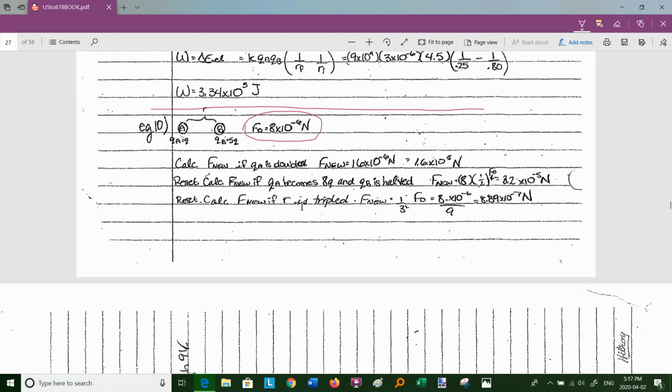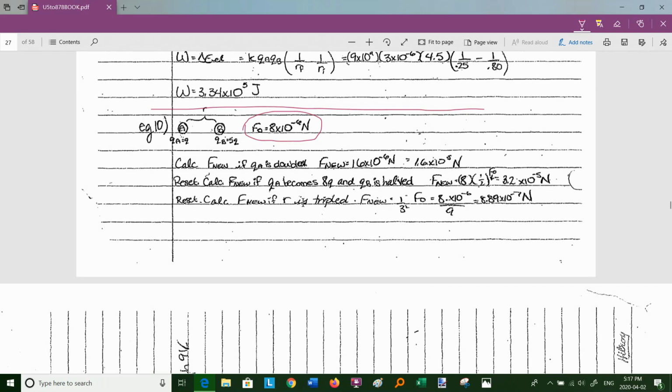So what's the new force if QA is doubled? Well, the force is directly proportional to the charge on A. So if you double it, you don't even need to use that fancy schmancy equation. It's just 2 times 8, so 16 by 10 to the minus 6 newtons. Or in standard scientific notation, 1.6 by 10 to the minus 5 newtons.